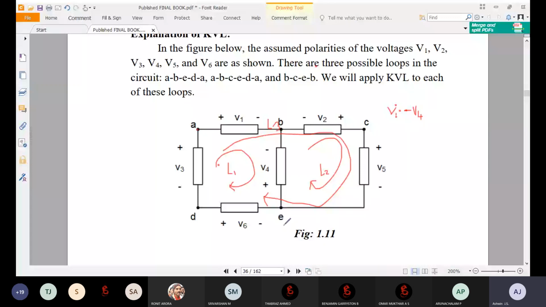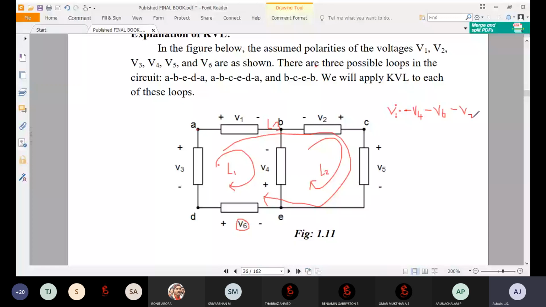And then from E to D, with respect to V1, I will consider negative V6. And what about the next one, V3? Same. Negative V3.